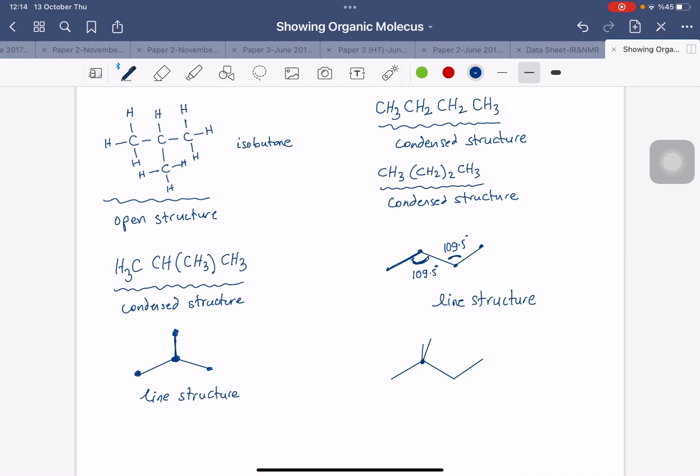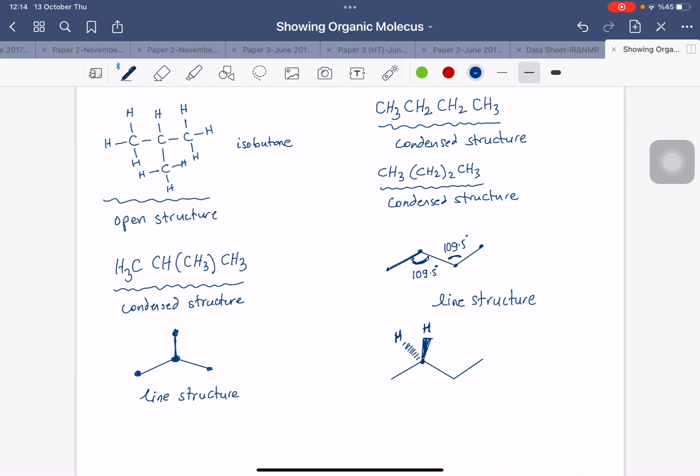One is facing to us, the other facing backward. This hydrogen is in the front. This hydrogen is in the back of the molecule.